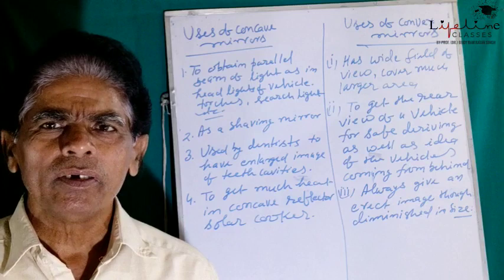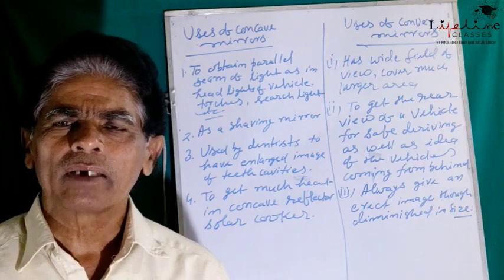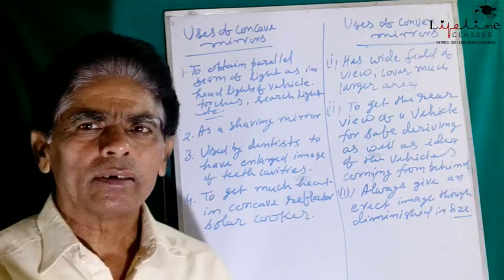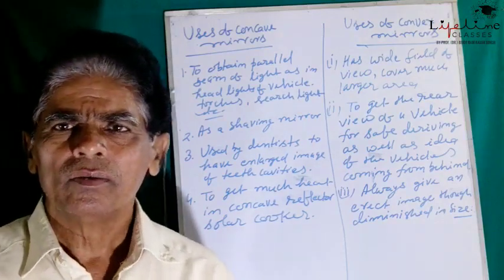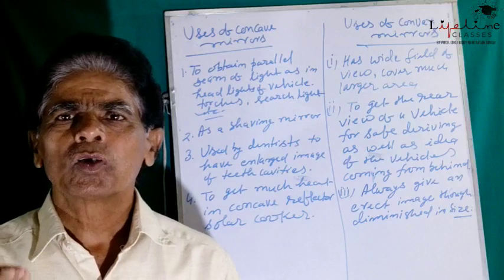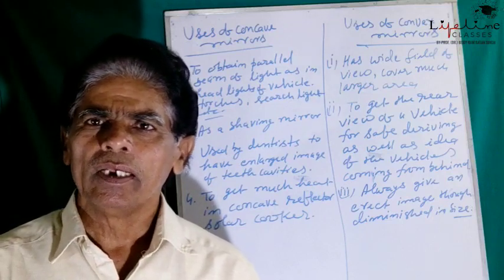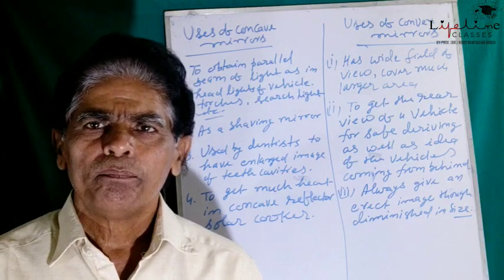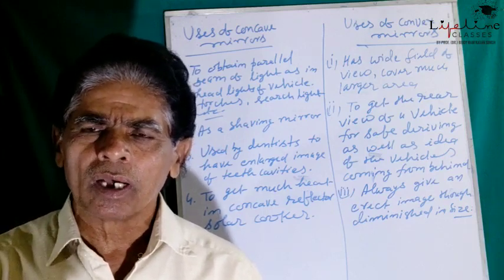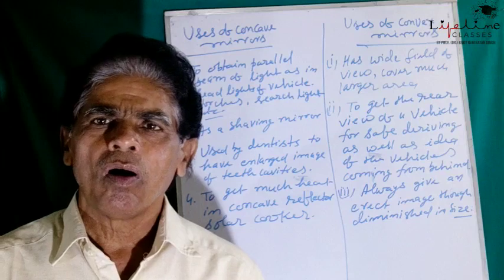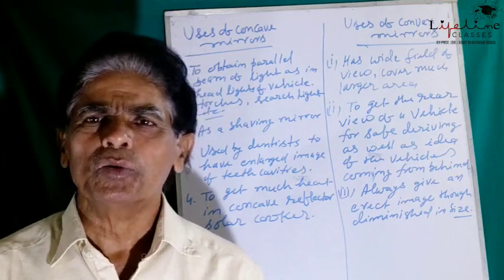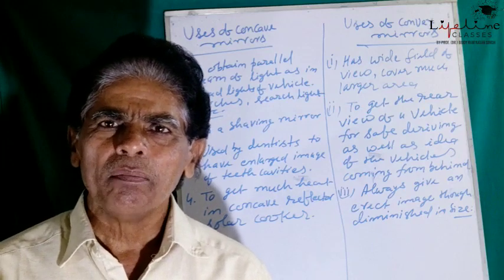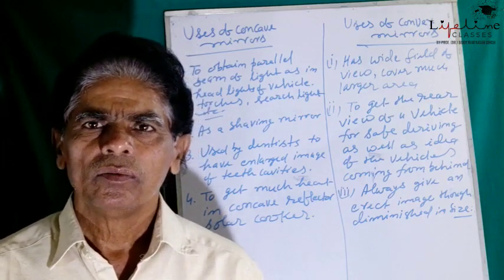Next important use of the concave reflector or the concave mirror is to get much heat in a solar cooker. In a solar cooker, generally a plain glass sheet or plain mirror is used here. A plain mirror gives a parallel beam of light.